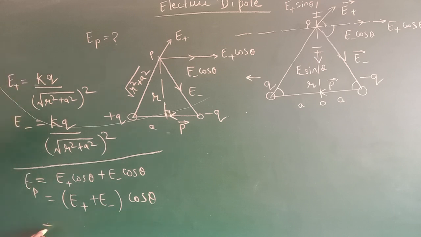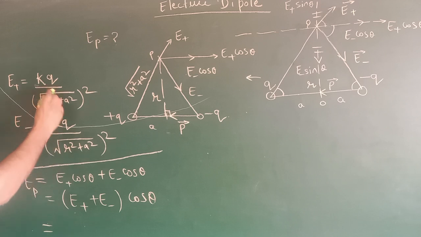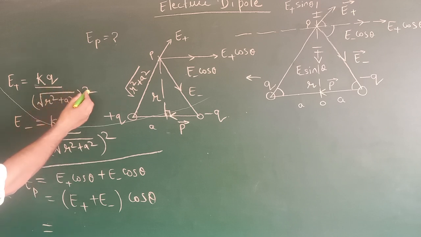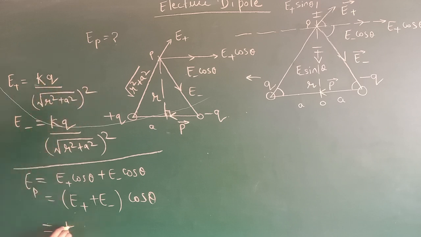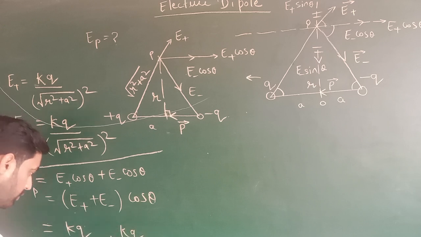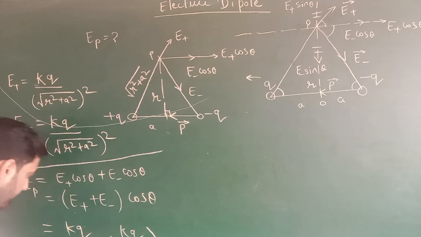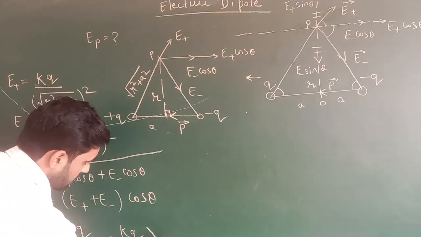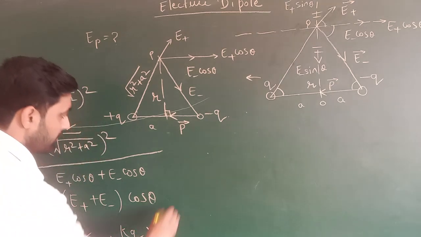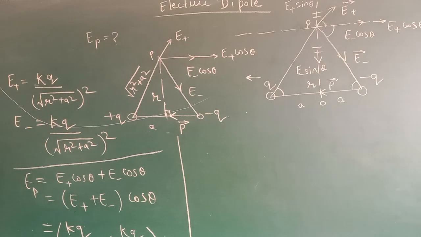So I'm writing it as E plus from here, and I will remove this root from a square, so it will be directly kq divided by r square plus a square plus kq divided by r square plus a square into cos theta.